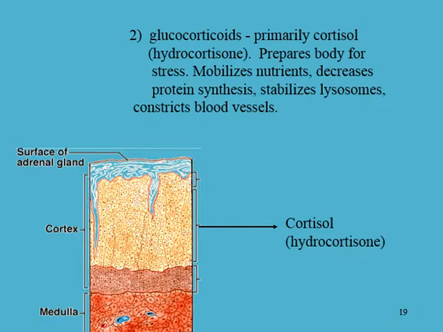Not uncommon for people that have had long-term use of prednisone, cortisol drugs, to end up falling and breaking their hip because the blood vessels have been constricted so badly they do not have adequate blood flow to the bones.